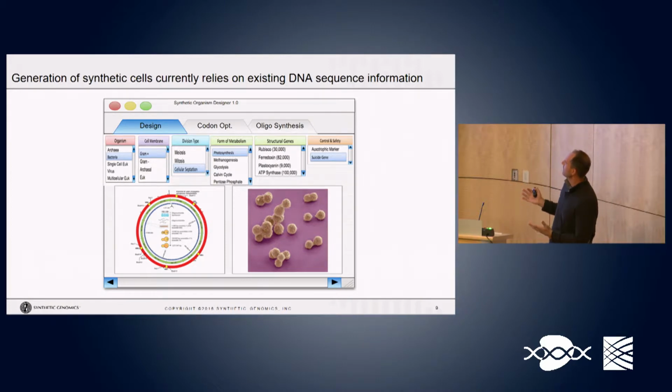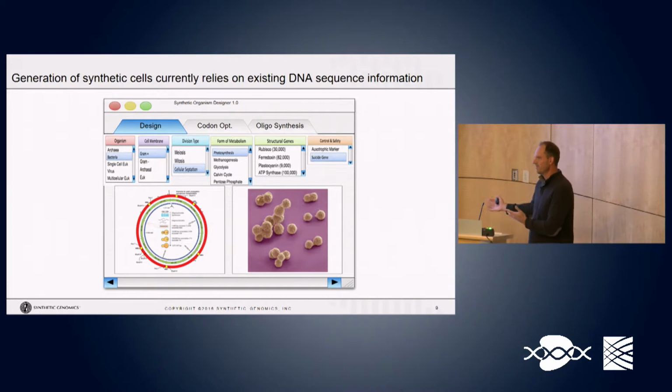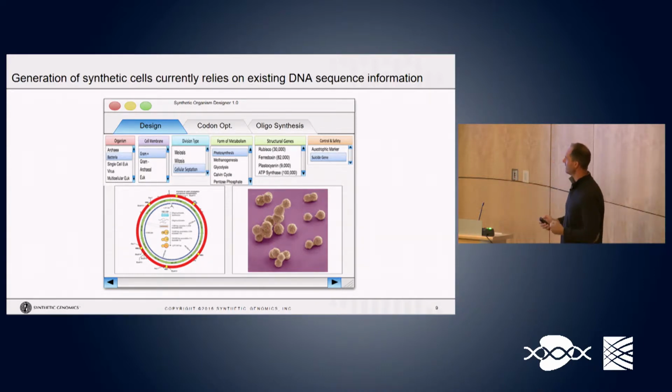And that's because we really relied on what nature had already given us, an existing DNA sequence. Sure, we made a few edits to it, but in the end, it really was no surprise. We pulled out a sequence of Mycoplasma mycoides out of the computer, and we built Mycoplasma mycoides.